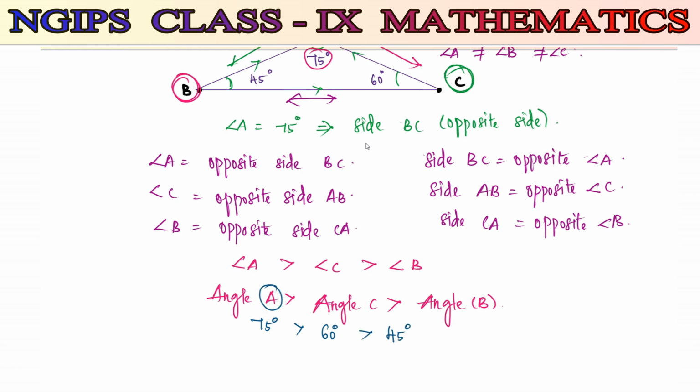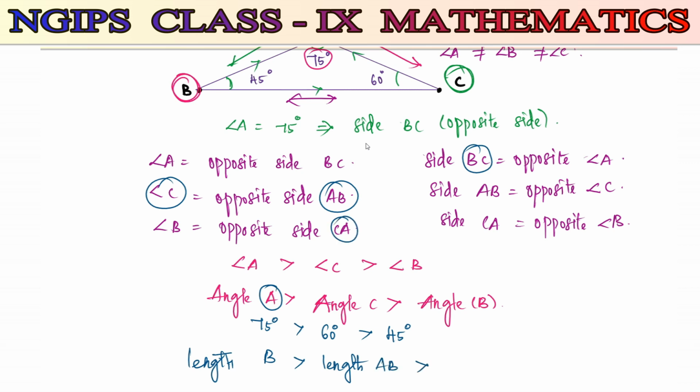For angle A the opposite side is BC. So the length BC is greater than the length of side AB, as angle C is greater than angle B. Angle B's opposite side is CA.